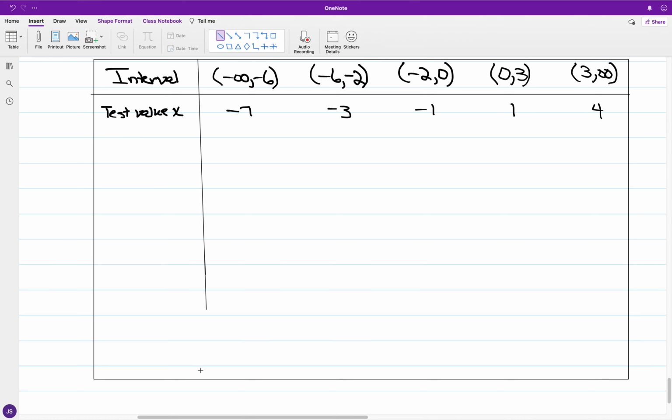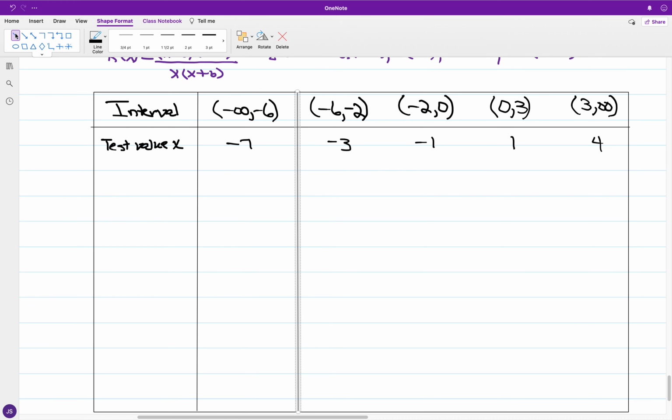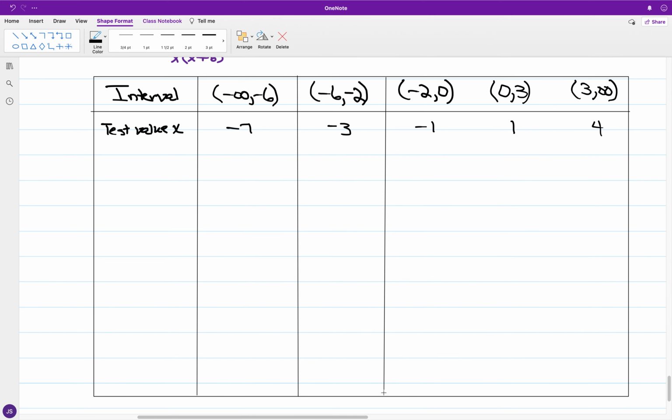So after the selection of these input values, we apply them to our function r of x and find out what the output values are going to be.